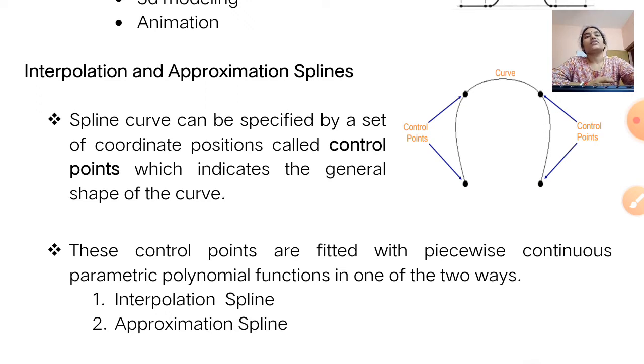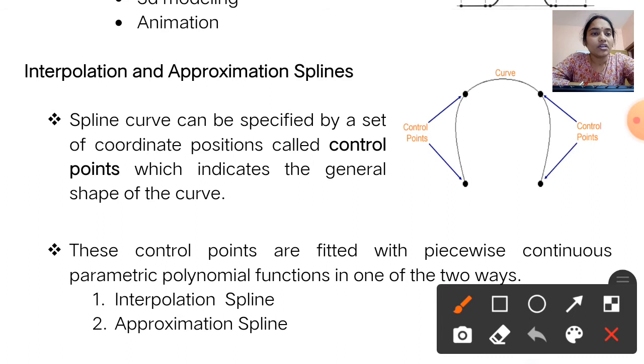So in a spline curve, a number of control points are there. Here the dots are the control points. There are four dots, and using these control points we can draw a curve.